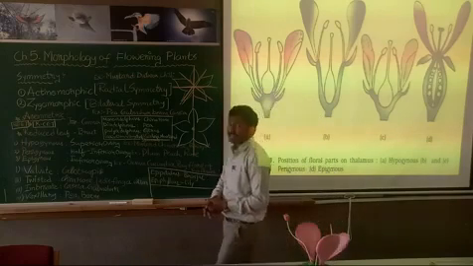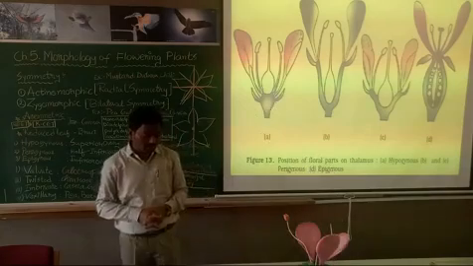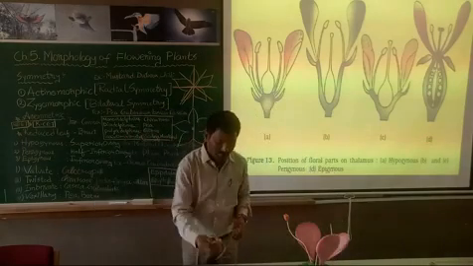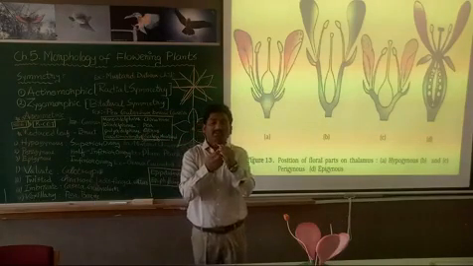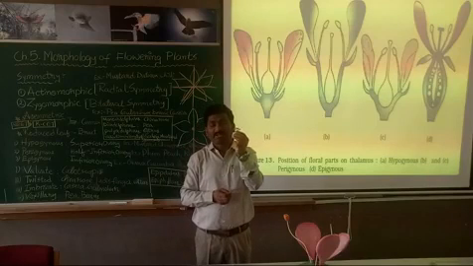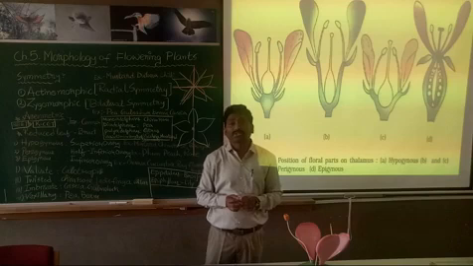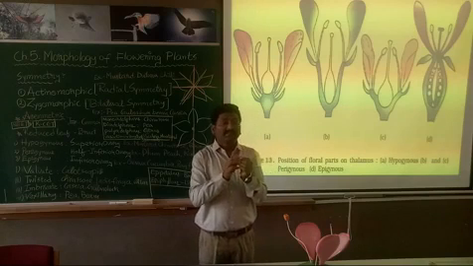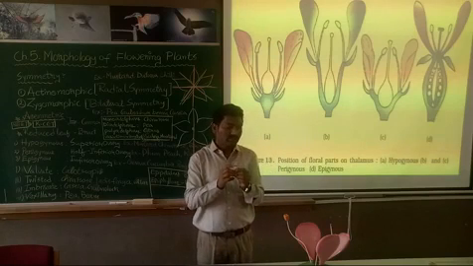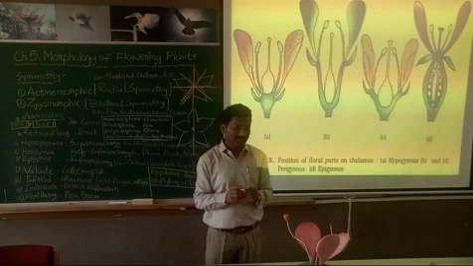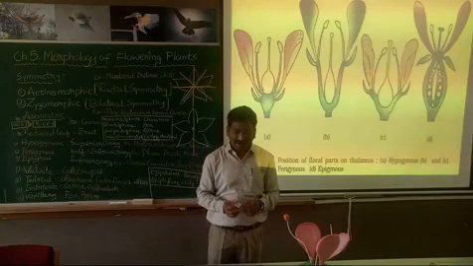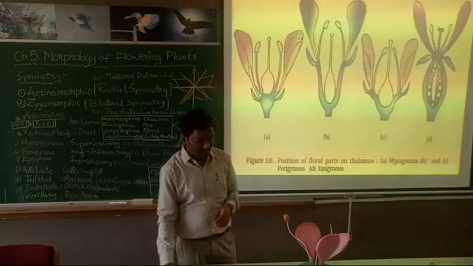Next, pentamerous flowers. What is meant by pentamerous flowers? You can see here one pentamerous flower, Vinca rosea. This flower's scientific name is Vinca rosea, hibiscus, etc. Those flowers consist of 5 sepals, 5 petals, 5 stamens and 5 carpels. Such kind of flowers are called pentamerous flowers.